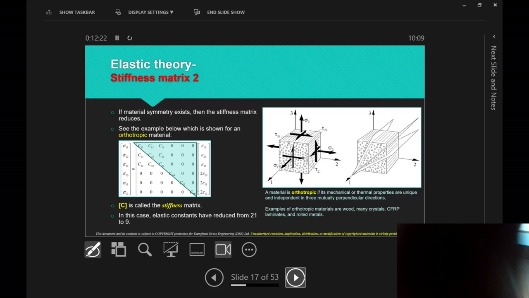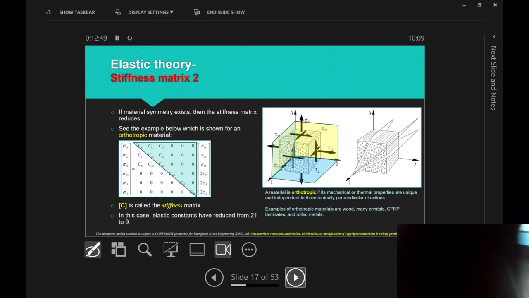So instead of having 21 material constants that you need to know, how many do you need to know? 9. Significantly simplified. Looking at this plane, for an orthotropic material, it behaves a certain way in the yellow plane, a certain way in the green plane, and a certain way in the blue plane.